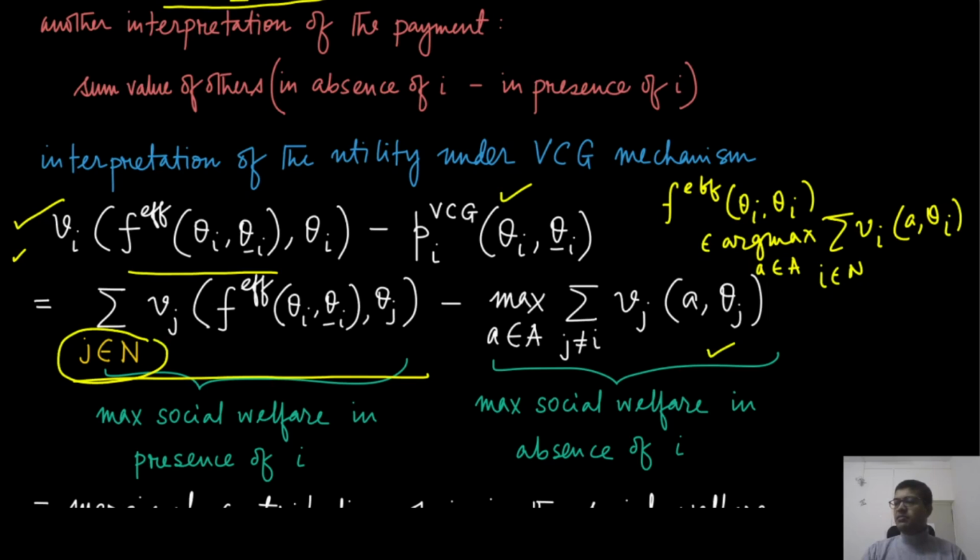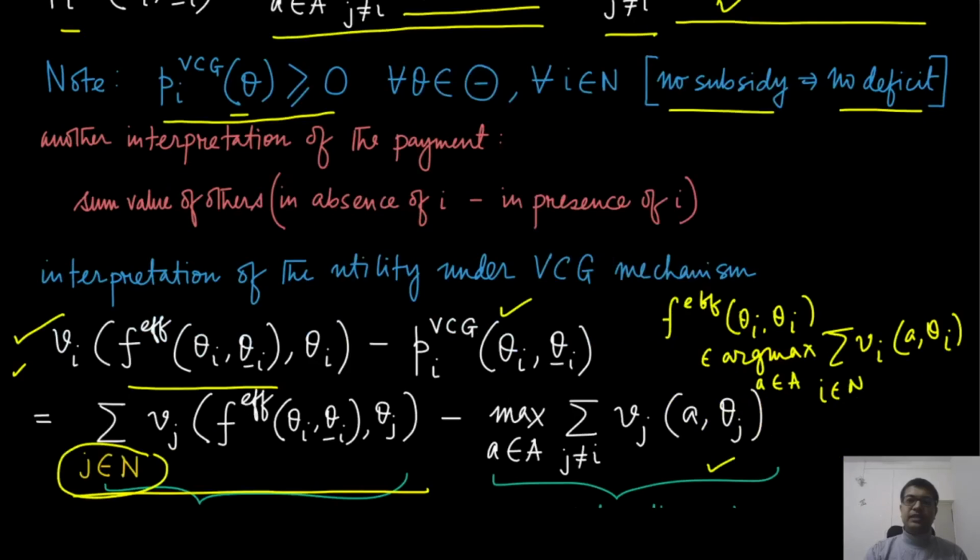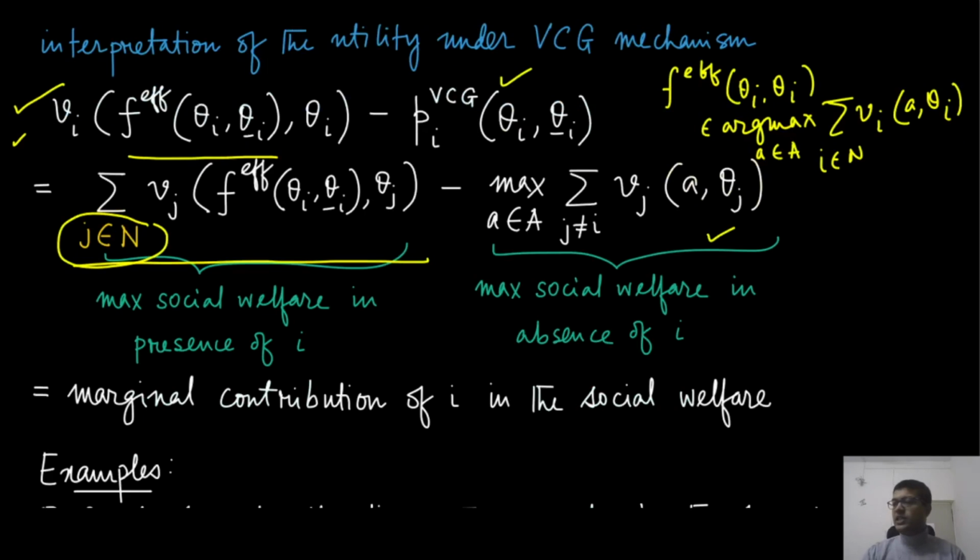And the first term of the payment function comes in as a negative. That's the maximum social welfare of all the players except agent i. So you can interpret that as the social welfare in the absence of agent i, and this is the social welfare in the presence of agent i.